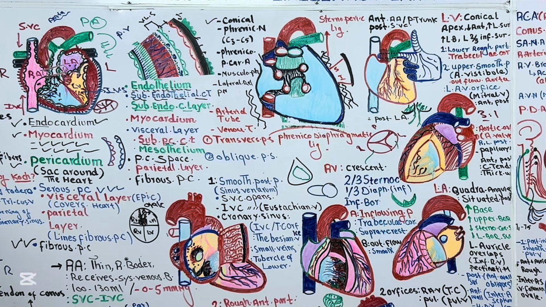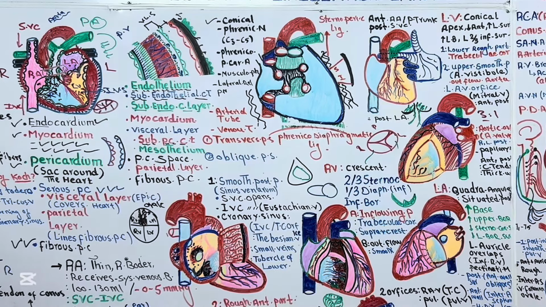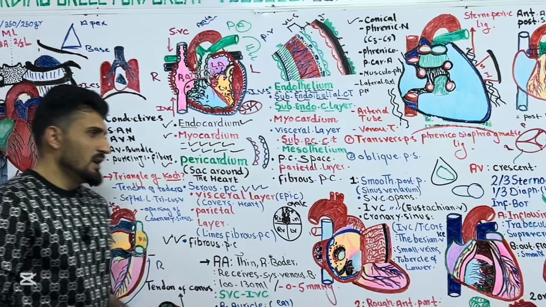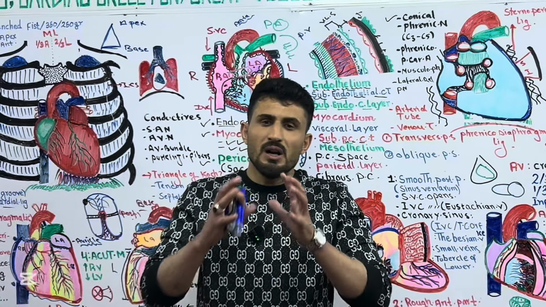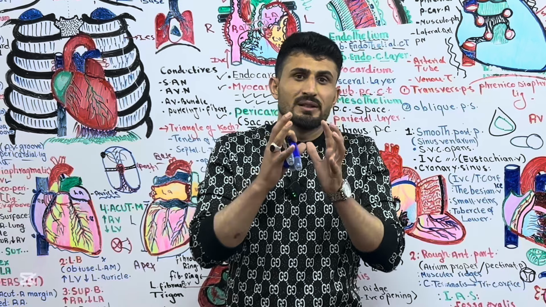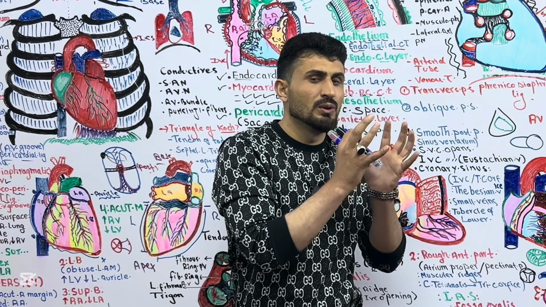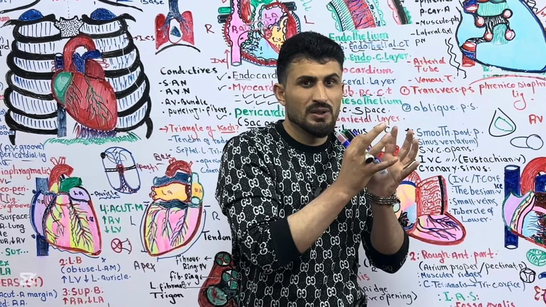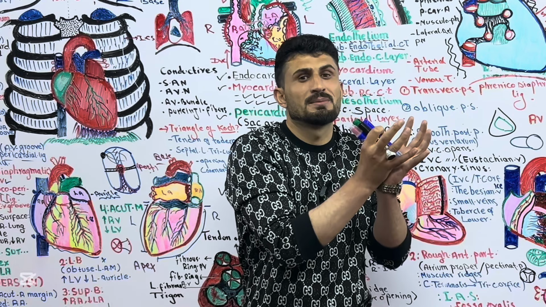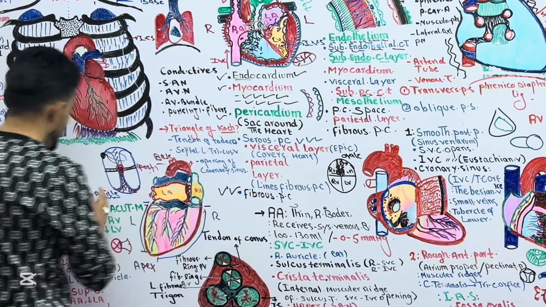Okay, now before we talk about the coronary circulation, let's talk about the fibrous skeleton of the heart. Listen to me carefully. The heart is made of muscle, and a muscle needs a type of connective tissue or a skeleton-like structure to connect and support itself.